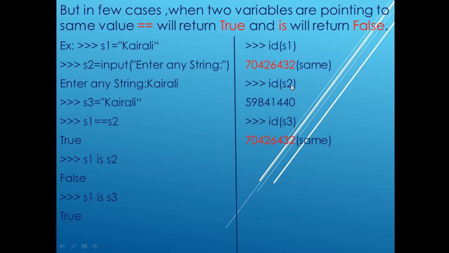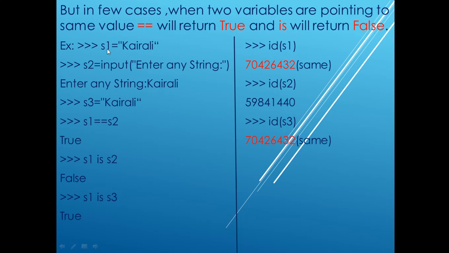ID of S2 is 59841440, and ID of S3 is 7042642, and under the brackets in both the above and the below one, I have written the term same. This memory location and this one are the same. That means the ID of S1 and S3 are the same.